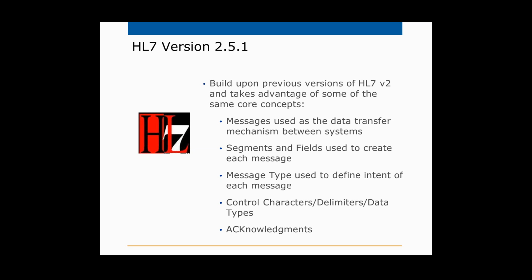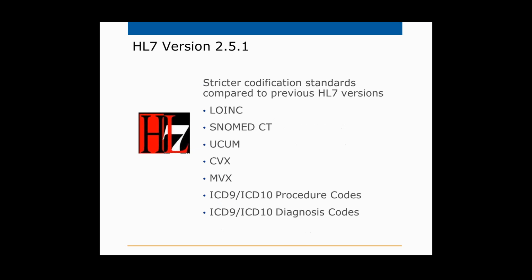And as messages are pushed out, as that system receives those messages, the concept of acknowledgements still applies. So each receiving system sends out an acknowledgement when they receive a message, just like you're used to in version 2.3. So if you're comfortable with 2.3, those portions stay the same in version 2.5.1.